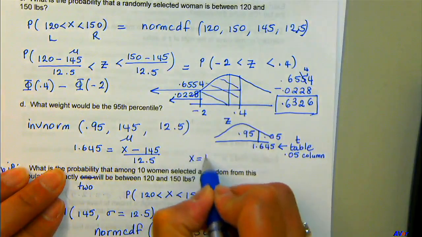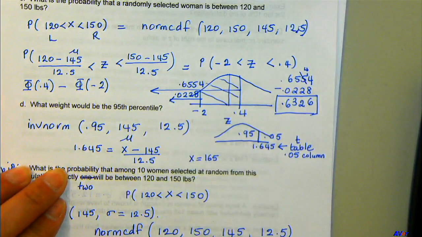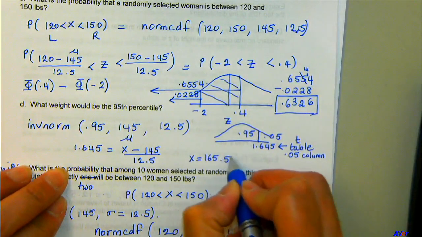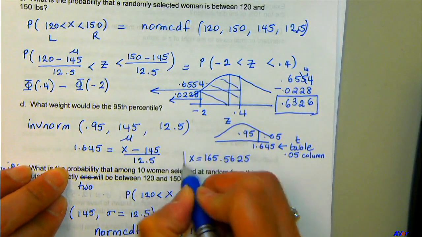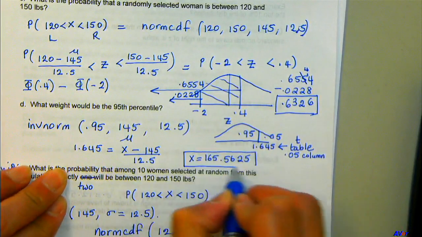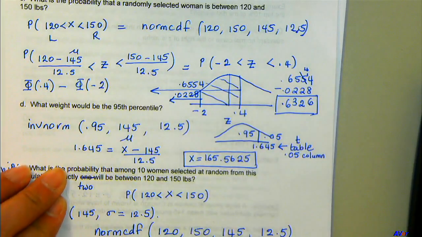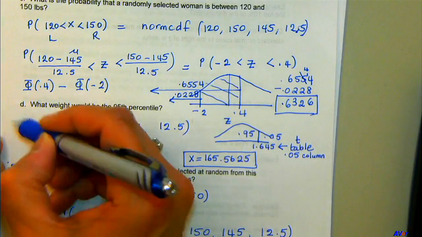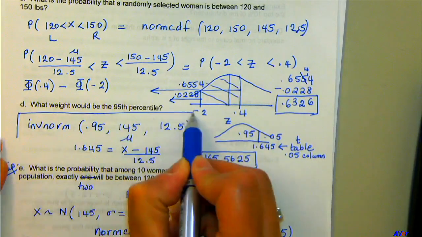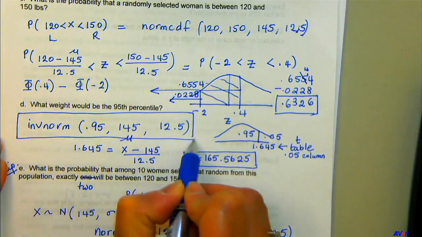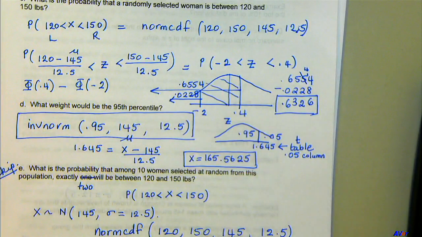X equals 165.5625. Like that, if I was doing it by hand. But really, if you just did this, you would have your answer. Follow? Is there confusion? There is, right? No? You good?